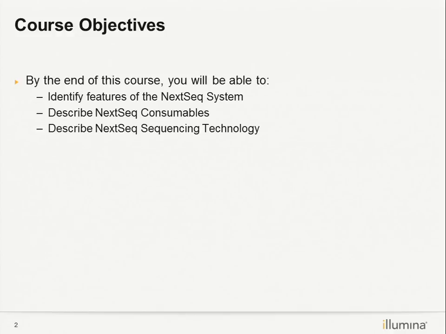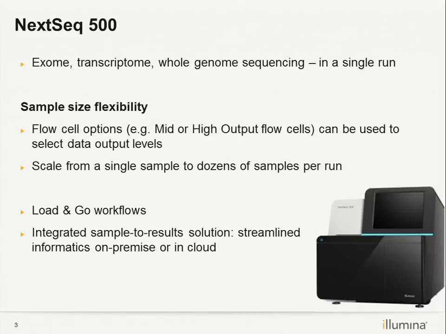In this part, we are going to identify the features of the NextSeq system, what the consumables are, and describe the sequencing technology, which I think I have already touched on in the last section. NextSeq 500 supports exome sequencing, whole transcriptome sequencing, and whole genome sequencing. And as I just mentioned, it has a very flexible sample size, and we have two different flow cell options, what we call mid output or high output flow cells.